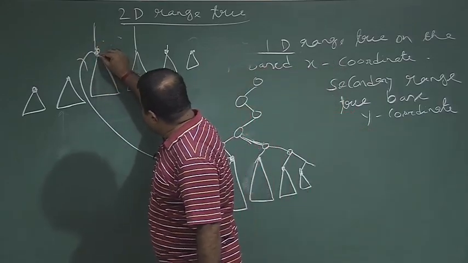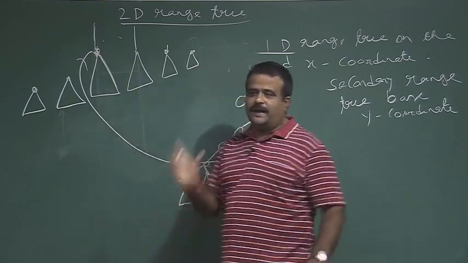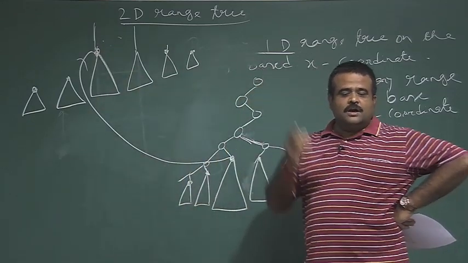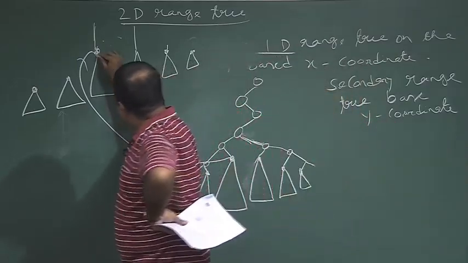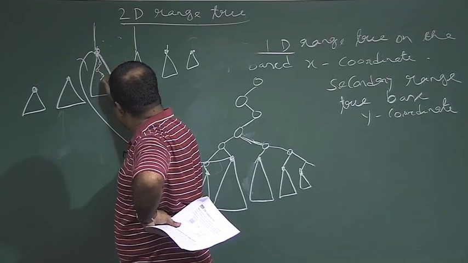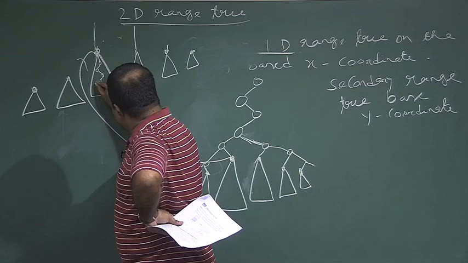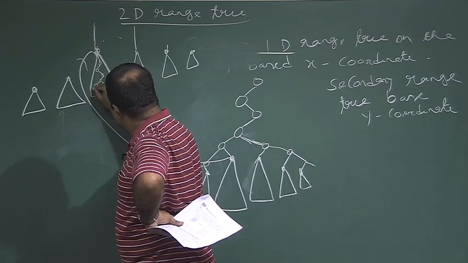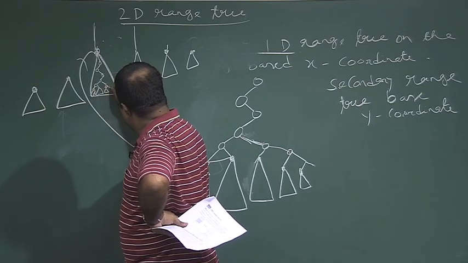Now, we will do a search in this tree. In this tree all the points satisfy the x range. Now, we have to search for the points that also satisfy the y range. So, we do the range search again based on this. We get a split node, then we go left and right like this.